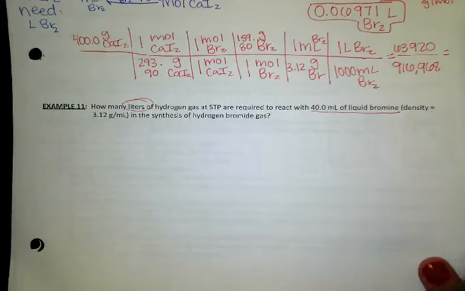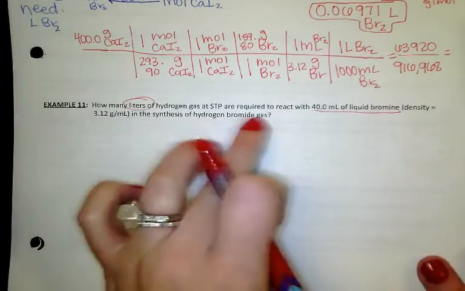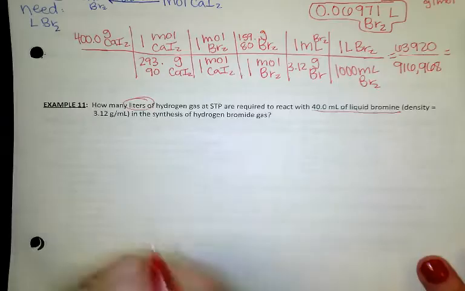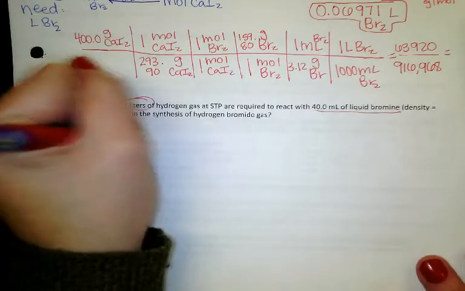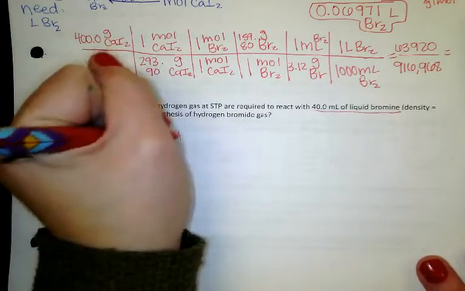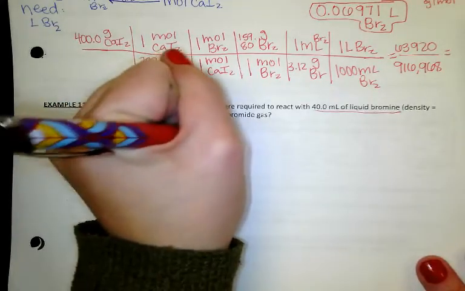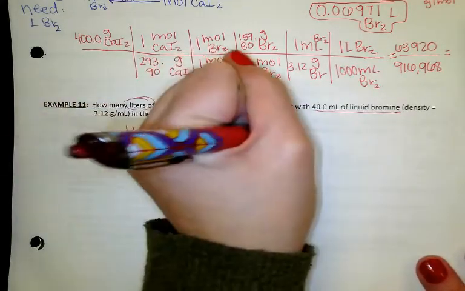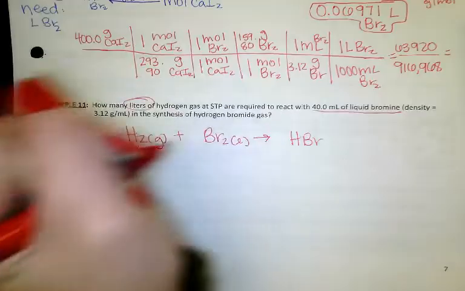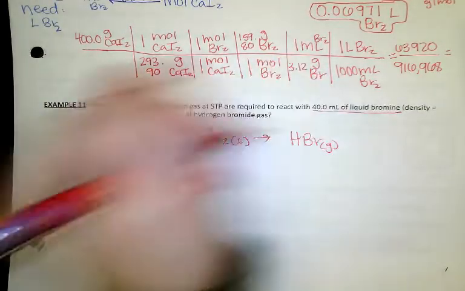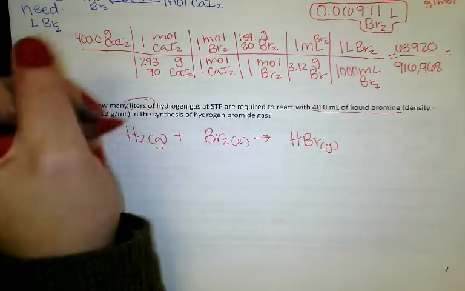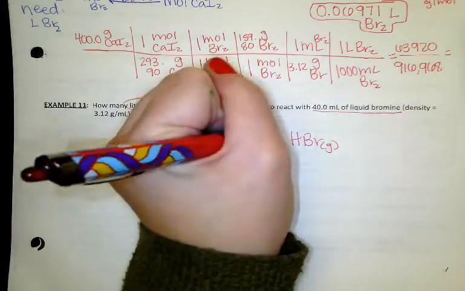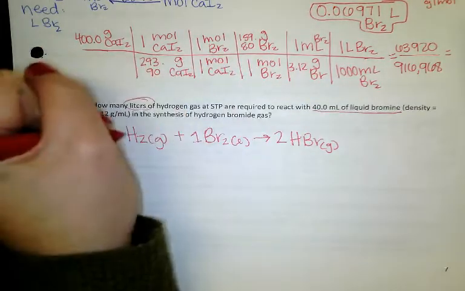So we're going to have hydrogen gas, H2 gas, plus Br2 liquid yields hydrogen bromide, and that's a gas. Okay, so when we balance this reaction, we're going to put a 2 in front of HBr, and there's going to be 1s here.